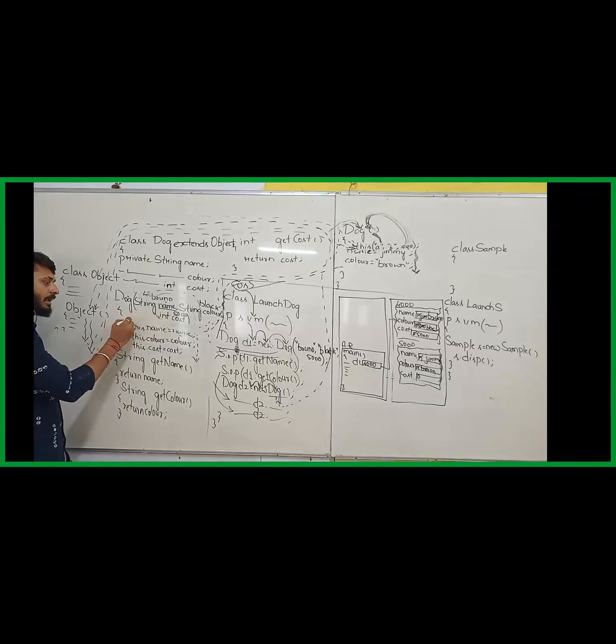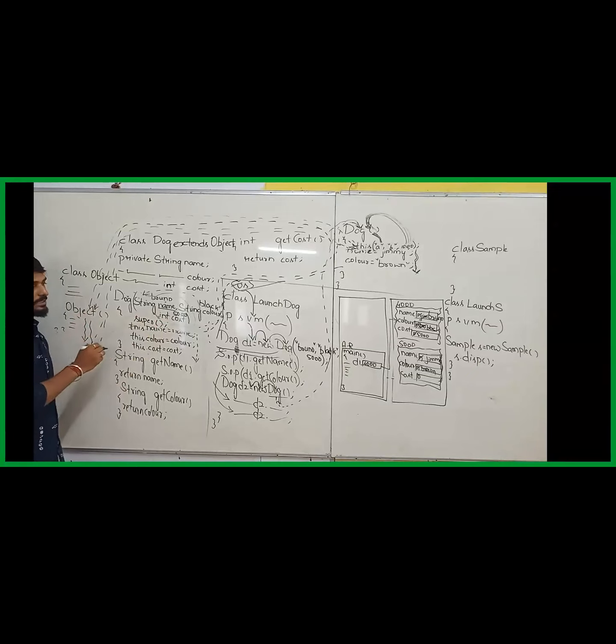Perfect. And again, one concept I missed. Not a concept I missed, but definitely it is just a definition. There are two terms that you should know. Here, if I try to say like this, what will this method do? It takes the control from the child class constructor to the parent class constructor.